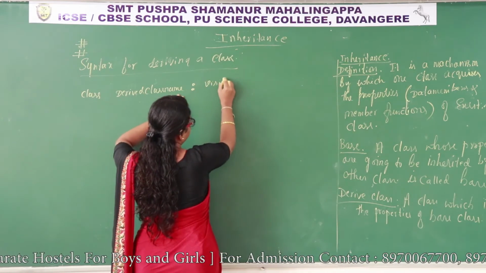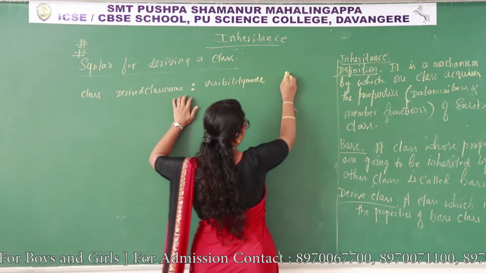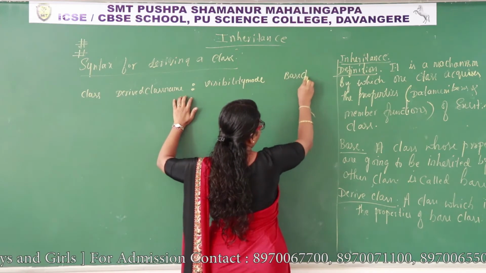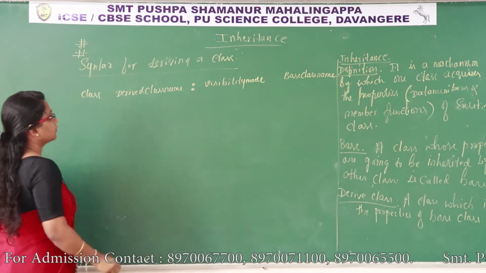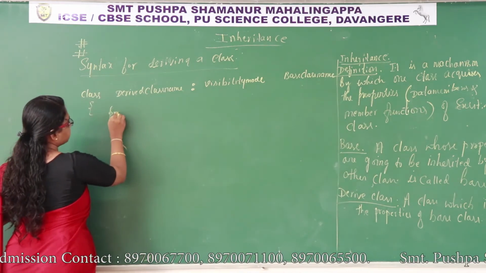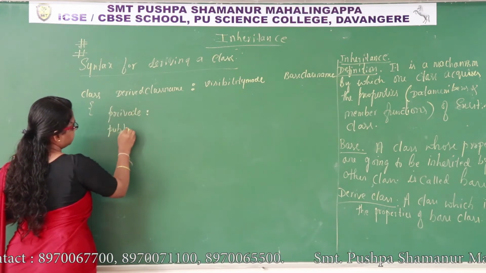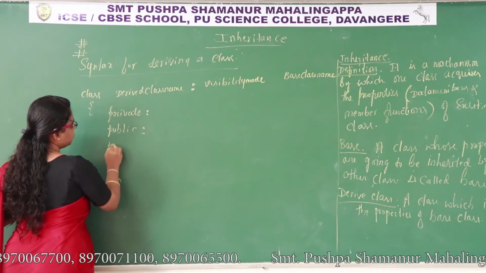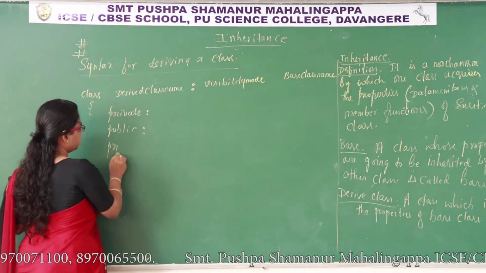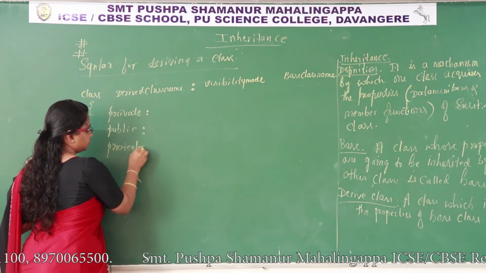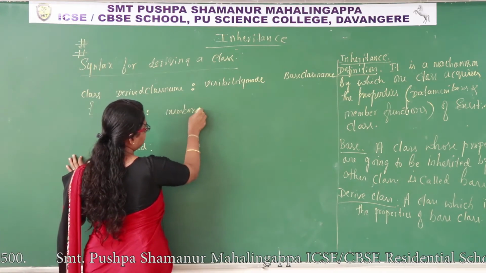Visibility mode, then base class name, open flower bracket, private, public, protected. As usual, every class has 3 access specifiers, no? The same thing I have to write here. Members. Members are nothing but either data members or member functions.